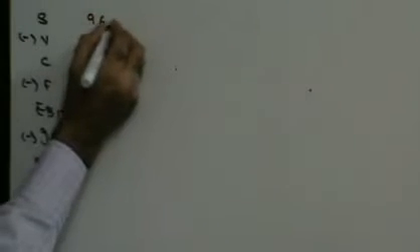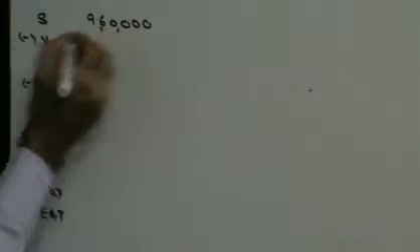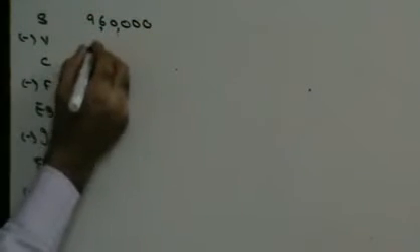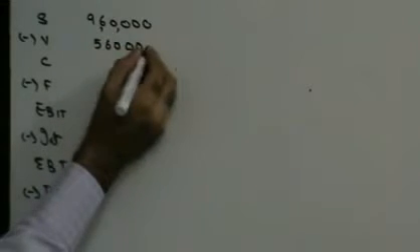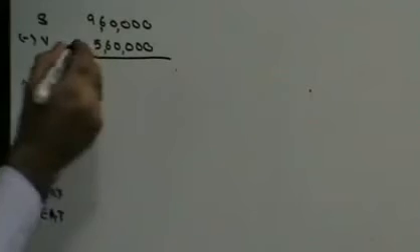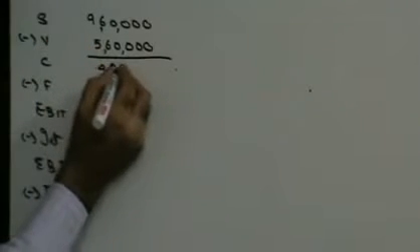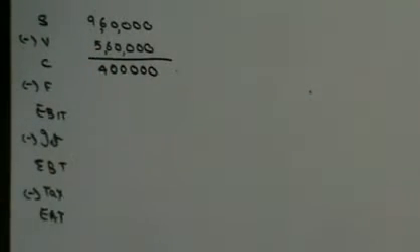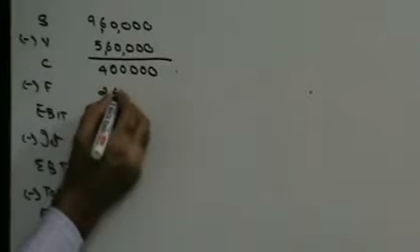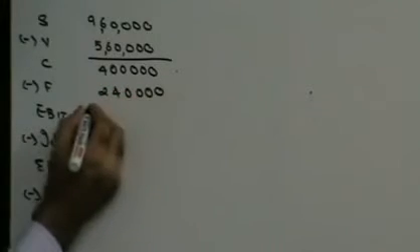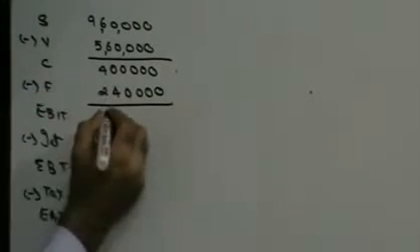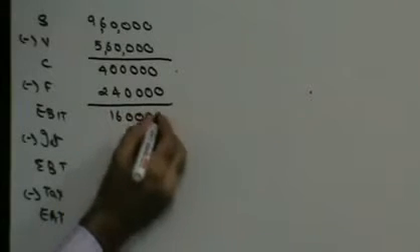Let's see this. They have directly given you that your sales is 9,60,000. Variable cost is given to you as 5,60,000. So in that case, your contribution is going to be equal to 4 lakhs. Fixed cost is given to you as 2,40,000. So in which case, your EBIT will be 1,60,000.